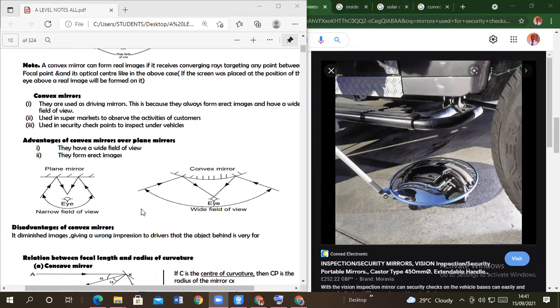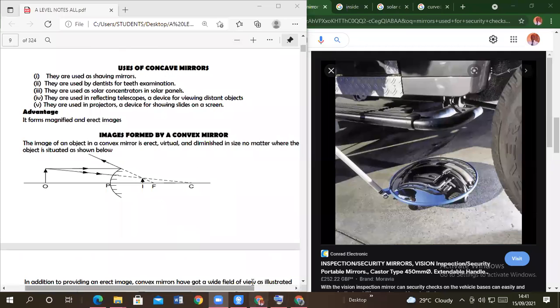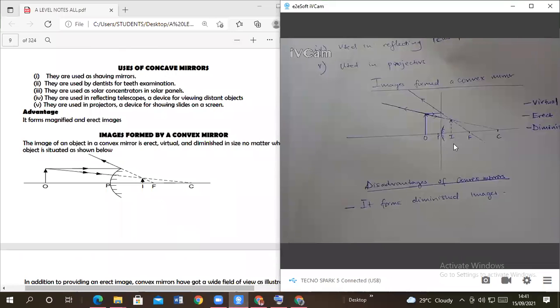Because you have already seen when I drew my diagram there, this one here, you can see where the image is here. Here the object is near. And also in this diagram that we have for our notes, the object is far. So you can see the image is always between F and P. Are you seeing that? The image is always between F and what? F and P.